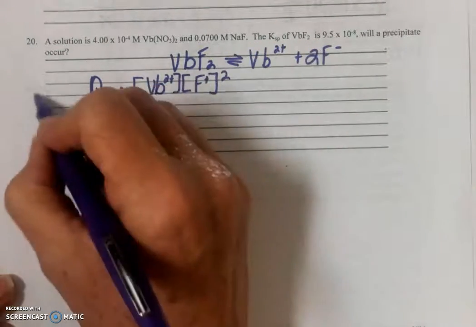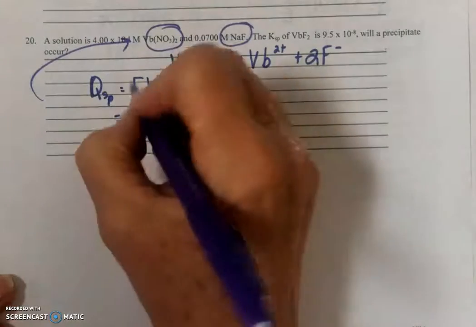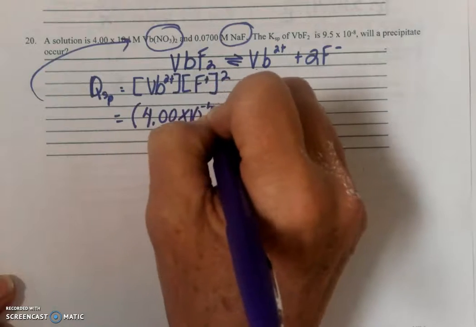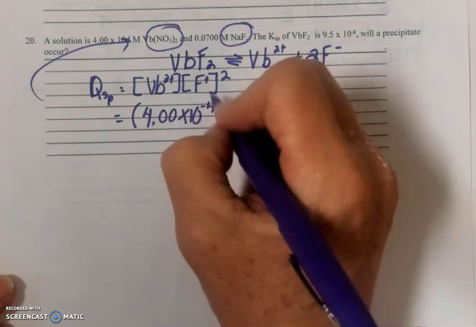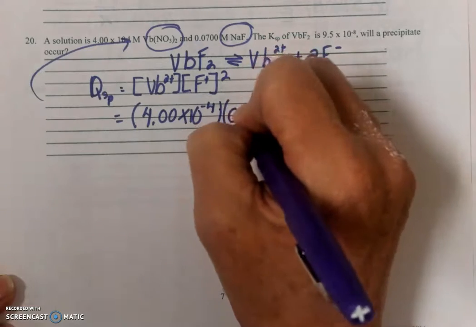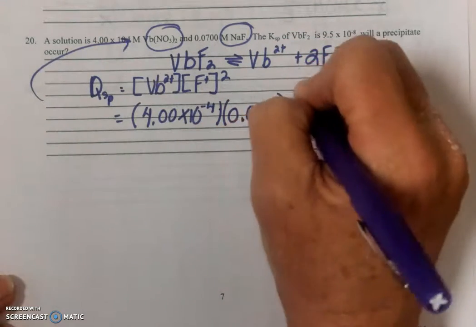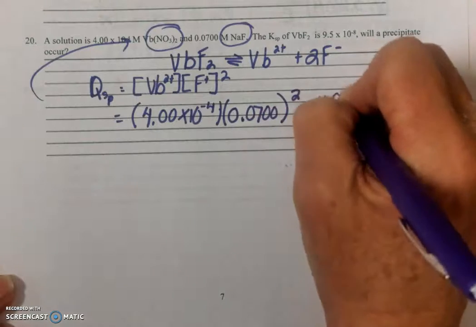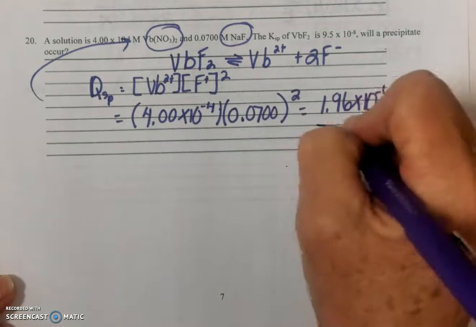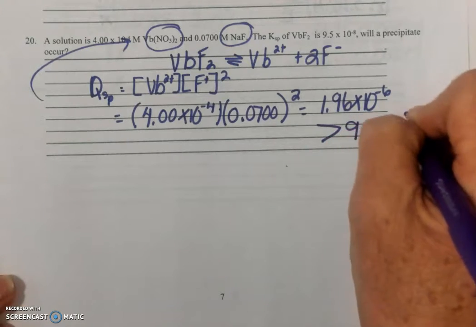Let's plug and chug. Here they are. That's how I'm delivering them, right? Large quantities. So I've got 4.00 times 10 to the minus 4. Remember, molar times 0.0700 squared is 1.96 times 10 to the minus 6. That is greater than 9.5 times 10 to the minus 8.